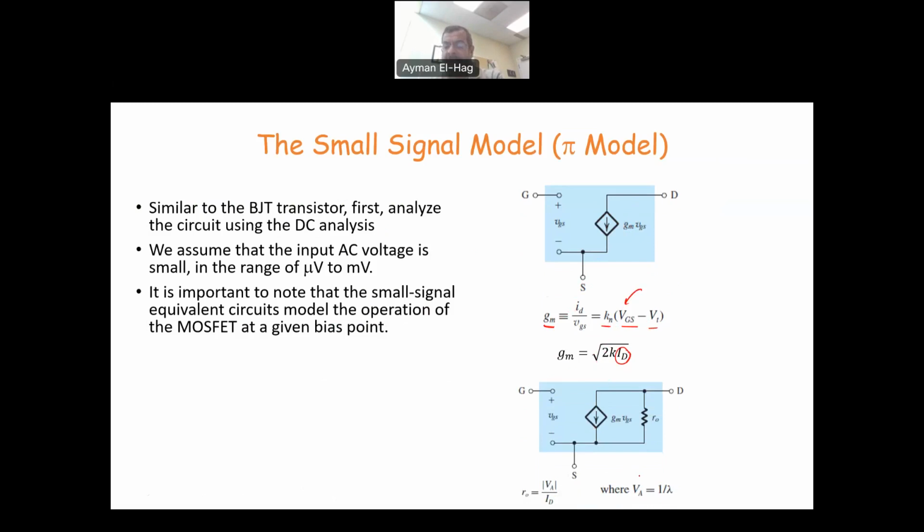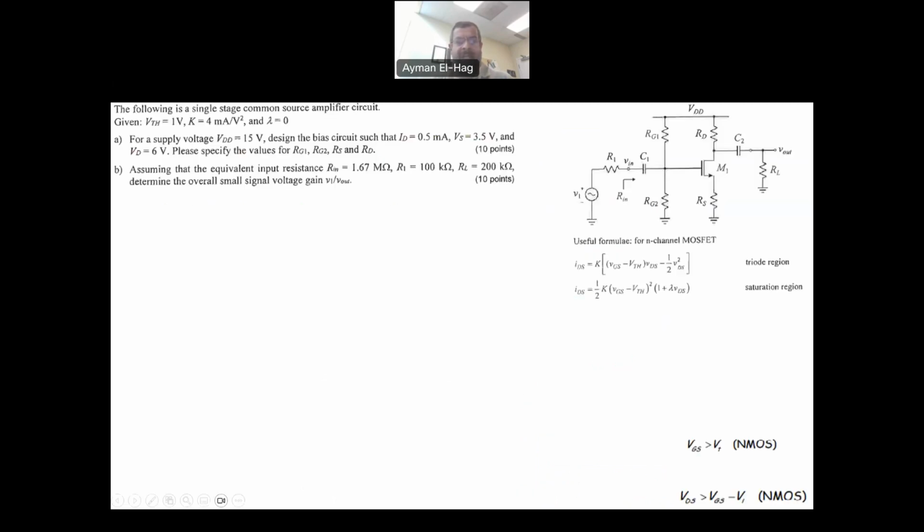Sometimes if lambda is not equal to 0, then we include r0, and r0 here is equal to VA divided by ID. So let's see the question here.